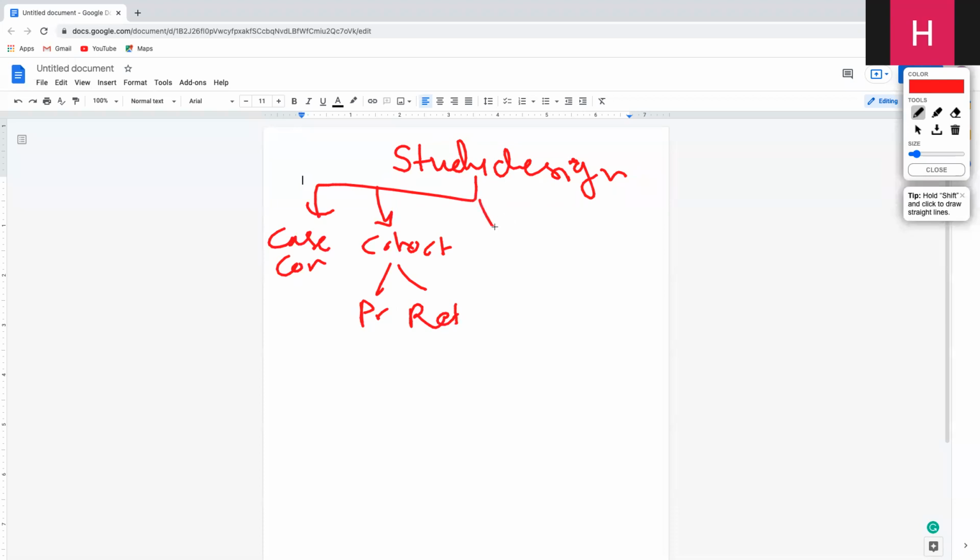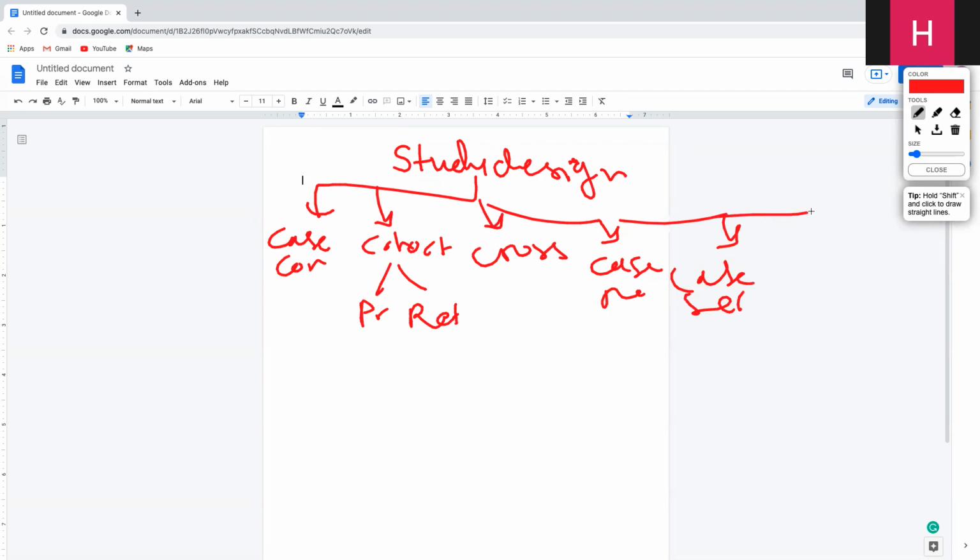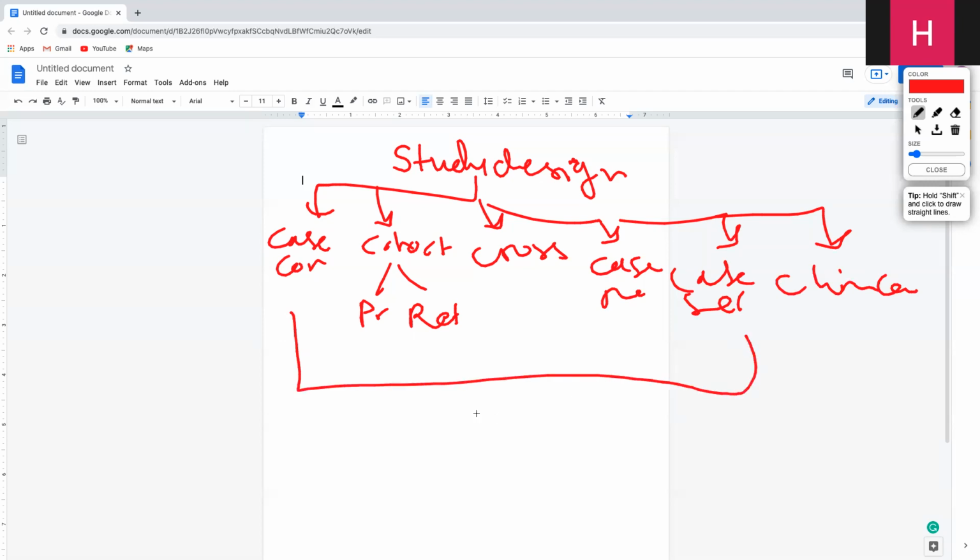And then we talked about cross-sectional. And you also have case report, case series, and then you have clinical trials. So all of these up to here are observational. This one is experimental.